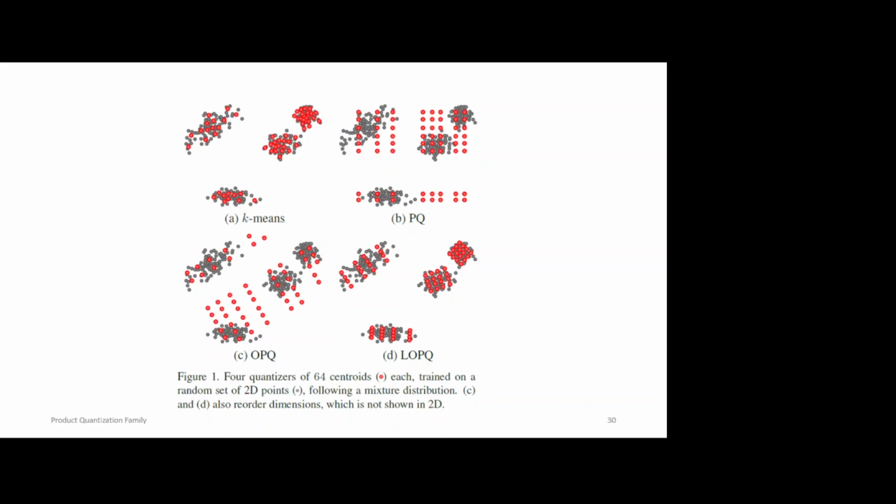But because the OPQ is also evenly distributed around the space, even though it tries to rotate and optimize the rotation matrix, you can see there are still some centroids that contain no data. For example here, no data. So it's the same problem as PQ.